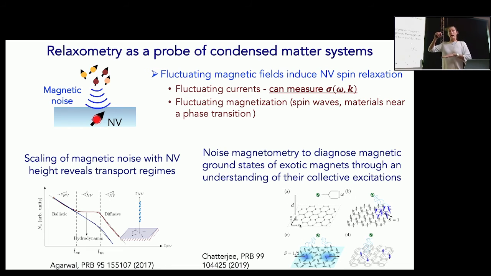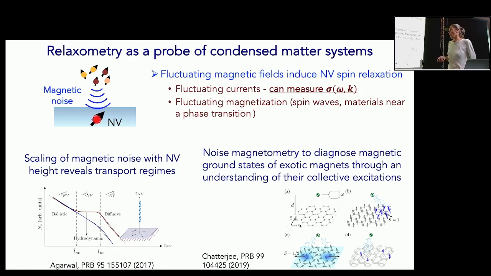And also, I can move my NV center different distances from my sample under study, and thus also produce a filter function in momentum space, in K space. If I'm at some distance d, my NV center is sensitive to fluctuations at a momentum 1 over d, effectively, or 2 pi over d.